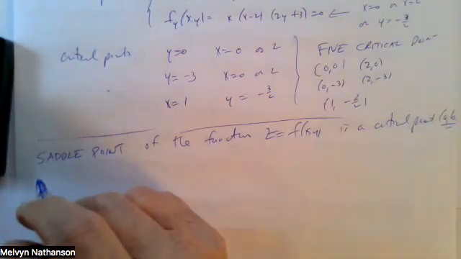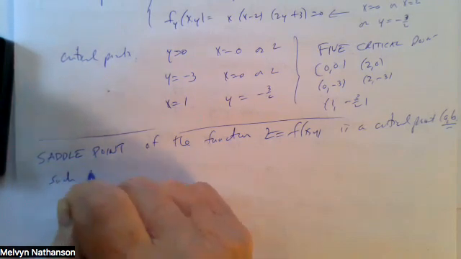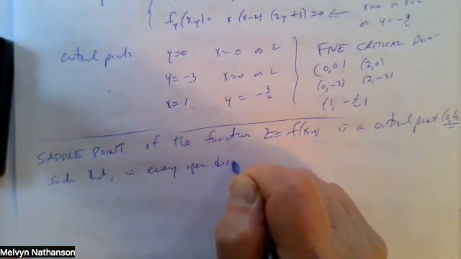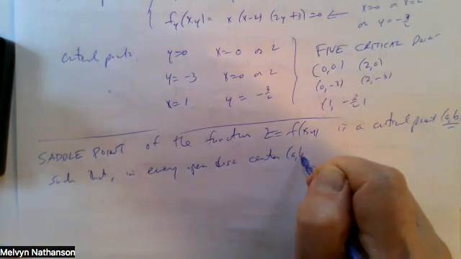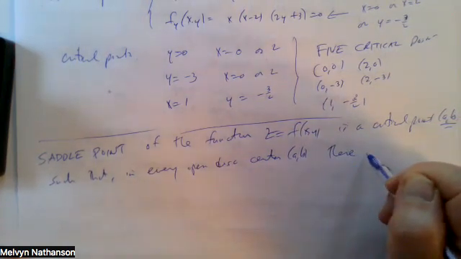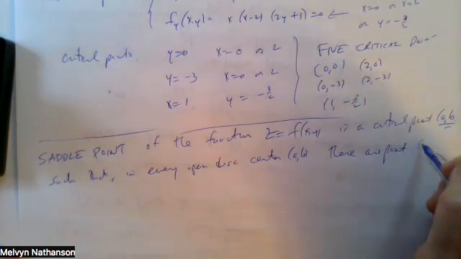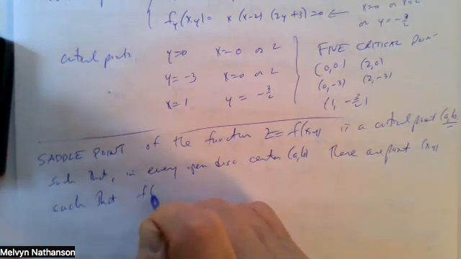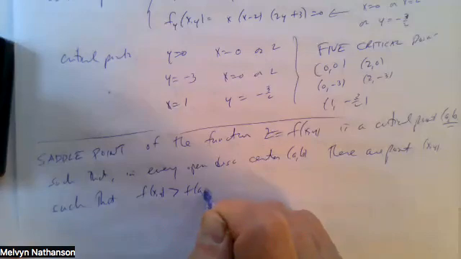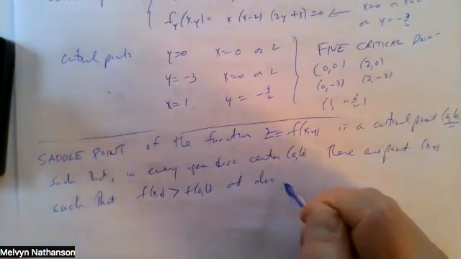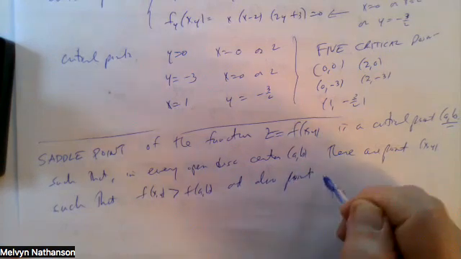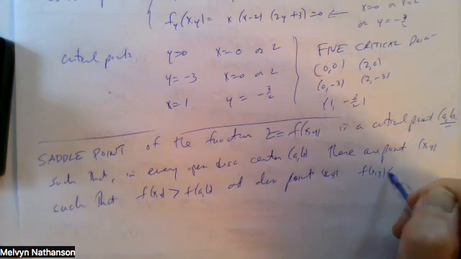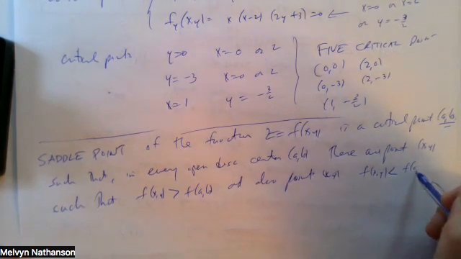It's a critical point such that in every open disk centered at (a, b), there are points (x, y) such that f of (x, y) is bigger than f of (a, b), and also points (x, y) with f of (x, y) less than f of (a, b).